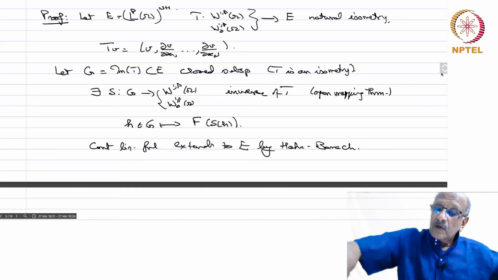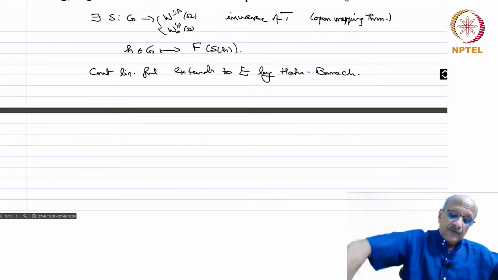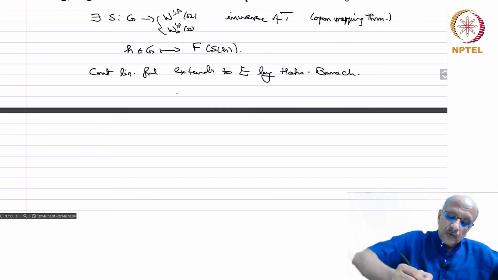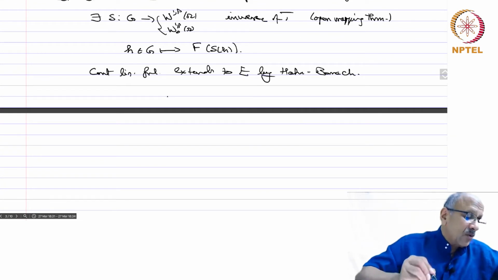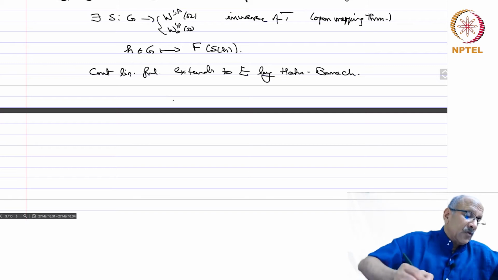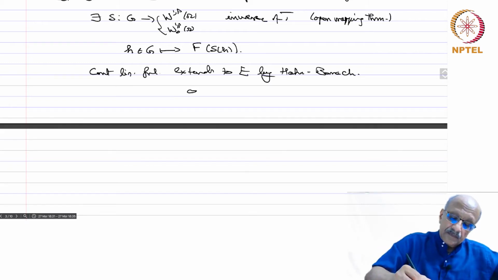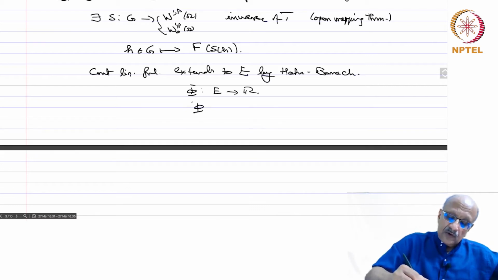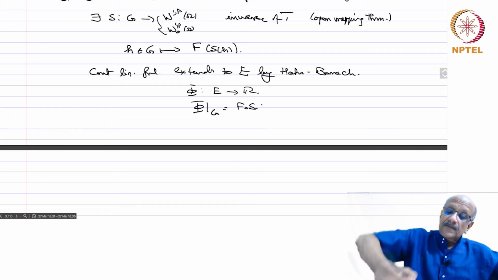So we have a closed subspace on which we have a continuous linear functional, and preserving the norm, this will extend by the Hahn-Banach theorem. Let us call that phi from E to R, and then phi restricted to G is equal to f composed with S.